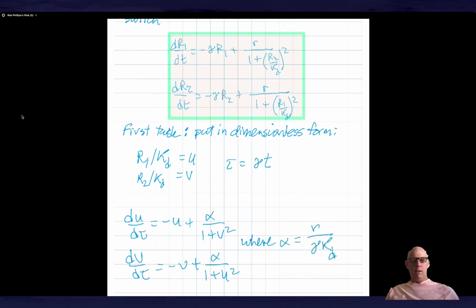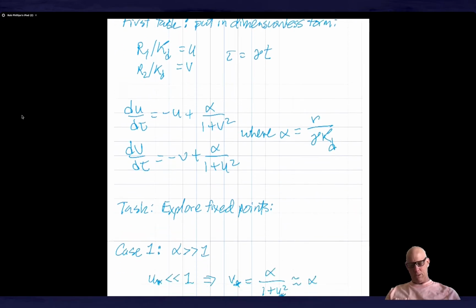Note the units here. R has units of concentration per time in the original equations, gamma is per time, and kd is concentration. And so the net result is that alpha is a dimensionless variable, which tells me something about the strength.